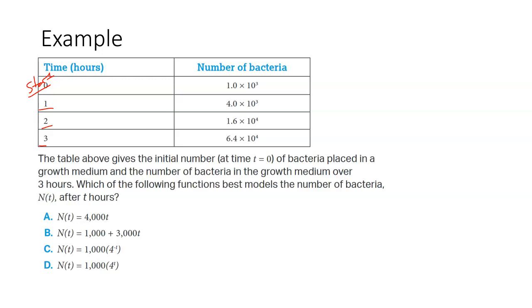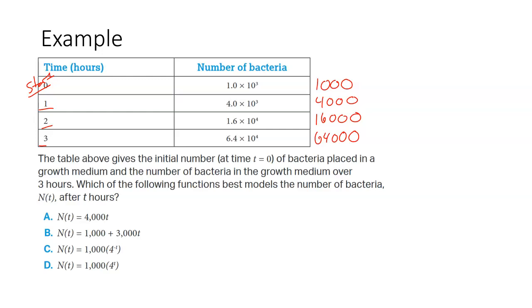Not 100. 1,000. All right. 4.0 times 10 to the third is 4,000. 1.6 times 10 to the fourth is 64,000. Okay.